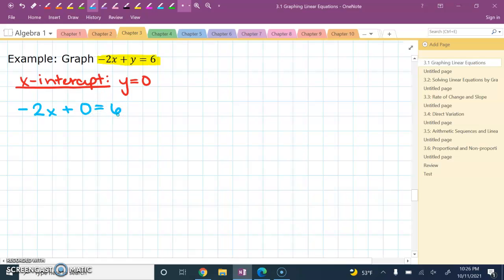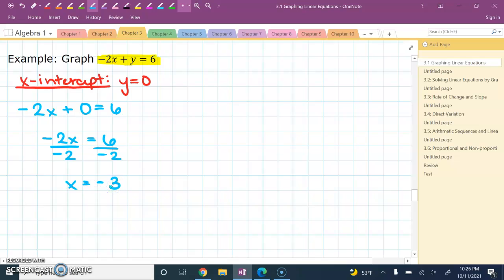So what happened there is that my y coordinate was 0, and so now I'm just left with having to find the x. So this is becoming negative 2x, because plus 0 isn't going to change anything, equals 6. And then we divide both sides by negative 2, and we get x equals negative 3.